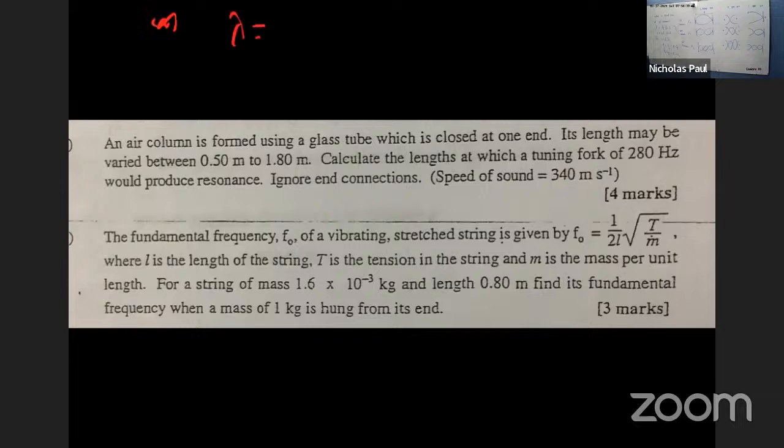The wavelength would have been v on f, which is 340 over 280. How much is that? 1.21. So will we observe it within this range here? Yes.